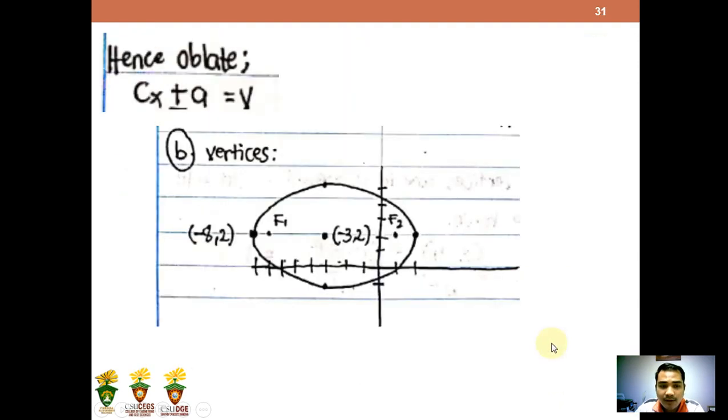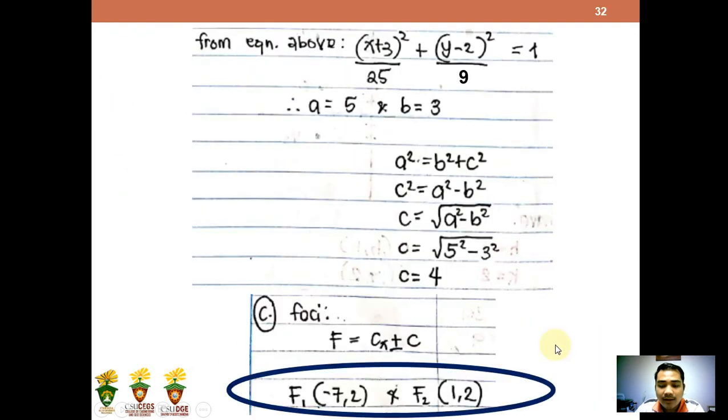So therefore, for the focus, negative 3 going to the right plus 4. So we have focus 2 on the right, which is 1 and 2, 1 for x and 2 for y. Then going to the left is a minus. So negative 3 minus 4 is equal to negative 7.